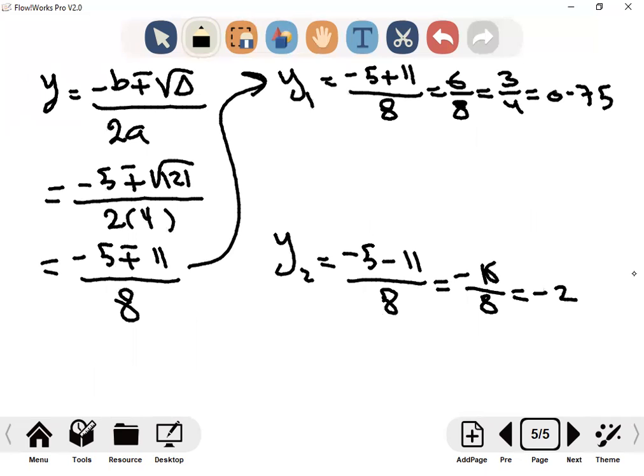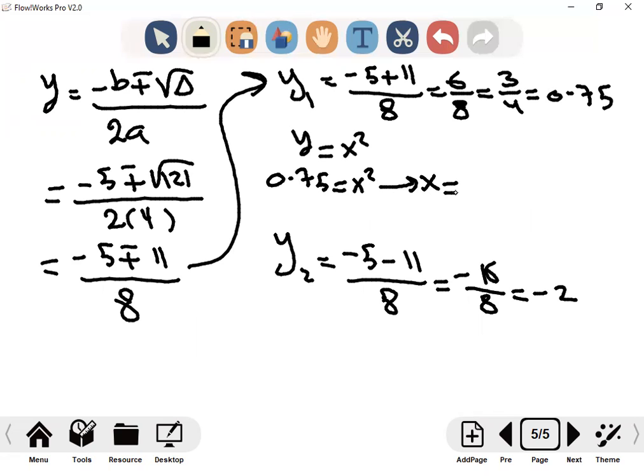Y, focus now. Y is how much? X power 2. How much y? 0.75 equals x power 2. How much should x be? Plus minus square root. If x power 2 equals a number, then x equals plus minus square root of that number.